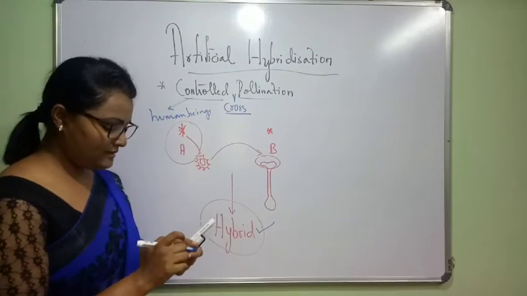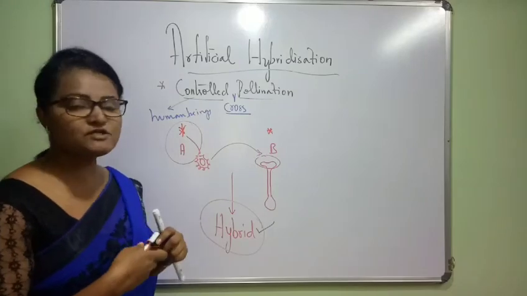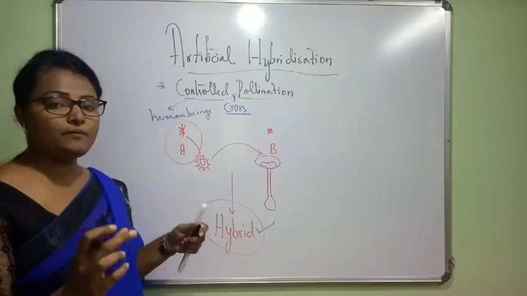Why do they perform this artificial hybridization or controlled pollination?